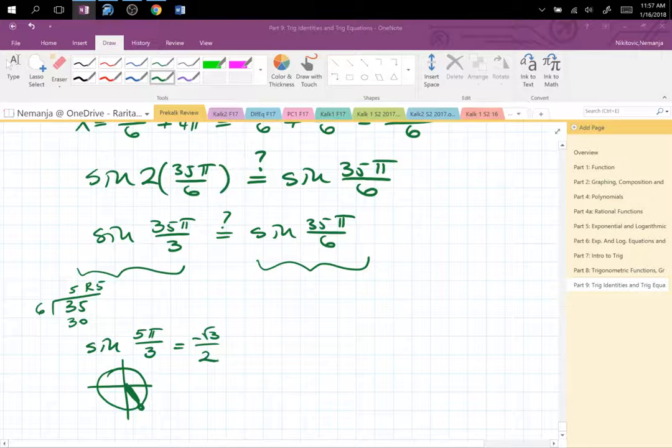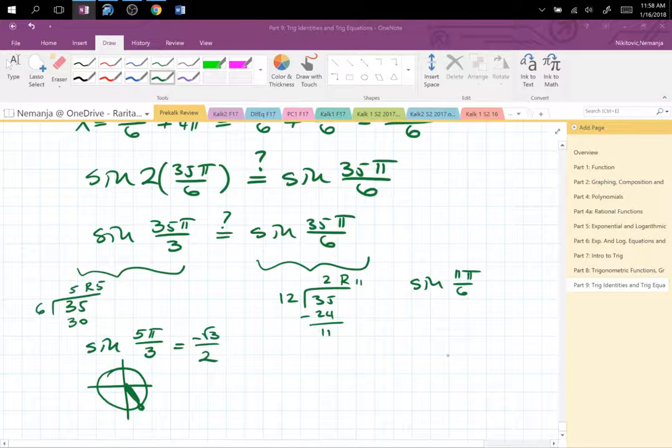So the second one better come up with the same answer. So we divide 12 into 35. We get 2 for 24, and we are left with 11. So this is the same as 11 pi over 6, so this is sine of 11 pi over 6.